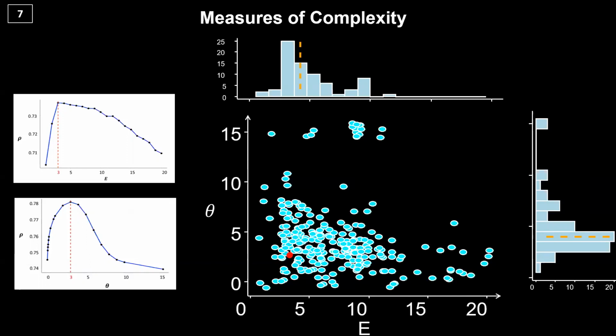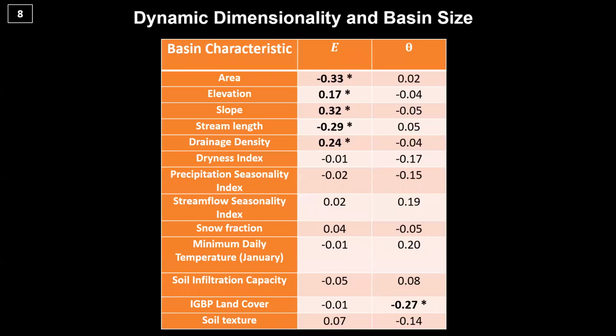But what is more interesting is to examine whether there are any coherent patterns between the 2 complexity indices, theta and E, and the properties of hydrologic basins, like the elevation, the slope, the basin size and so forth. So here we have 14 basin properties, either topographic, climatic, or pertaining to the land surface.